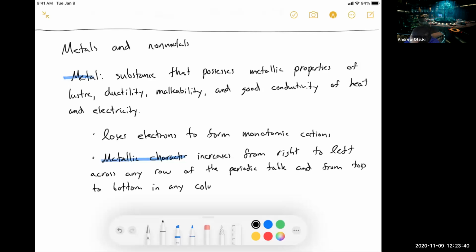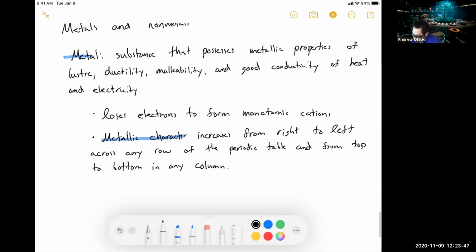So the trend in metallic character is basically a combination of the ionization energy and the atomic size.